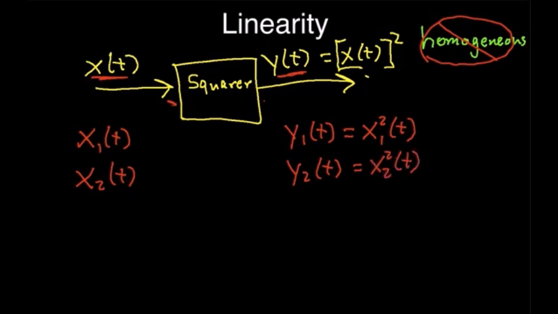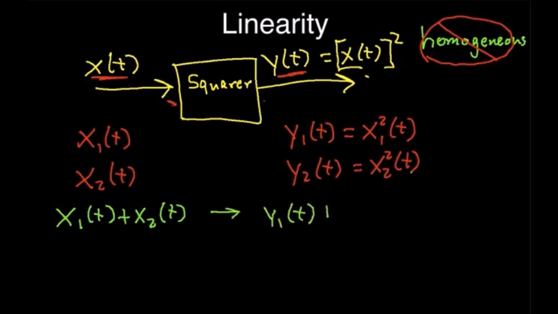Now the question I have to ask is, if I put x1 of t plus x2 of t in, is this going to give me y1 of t plus y2 of t?